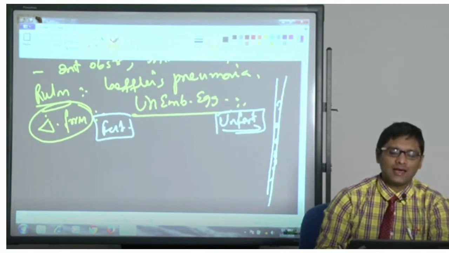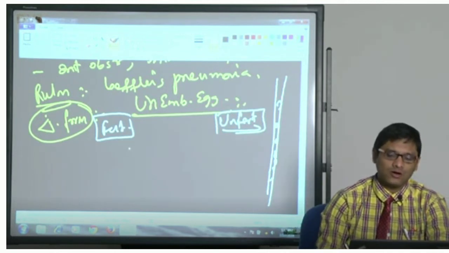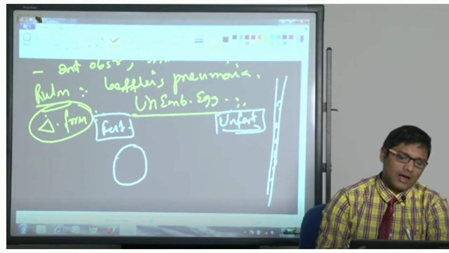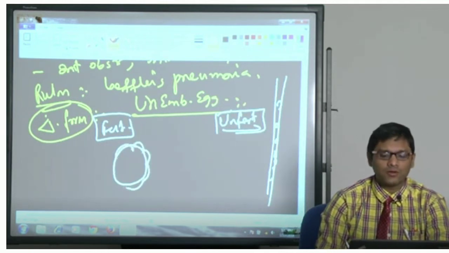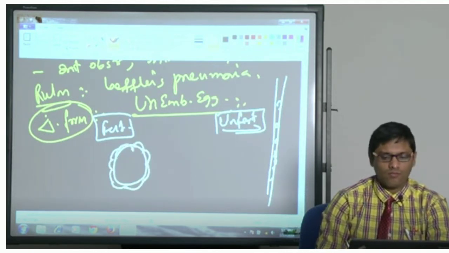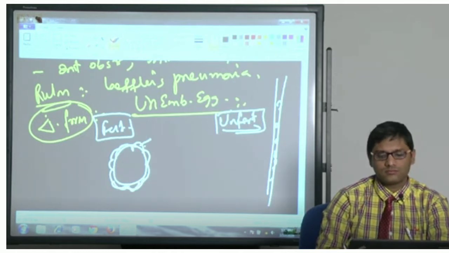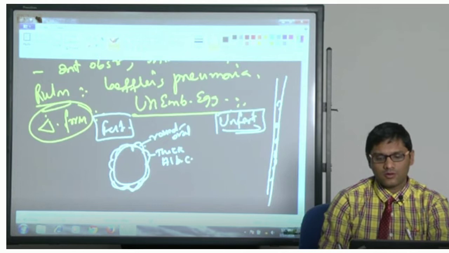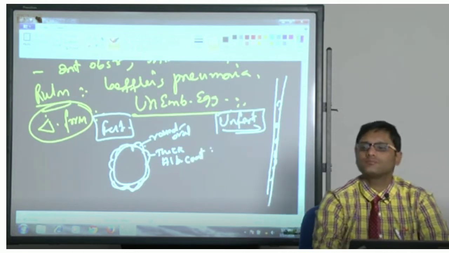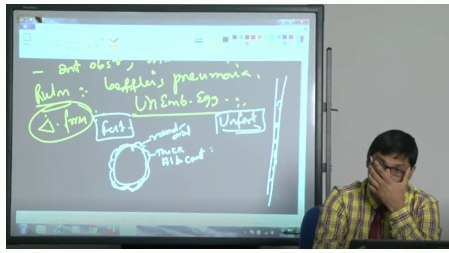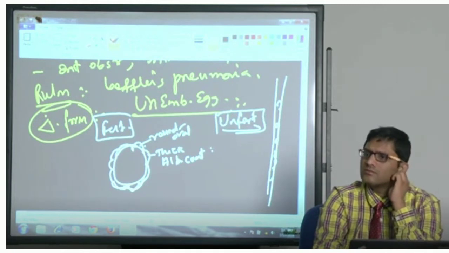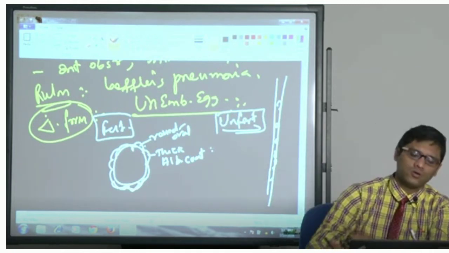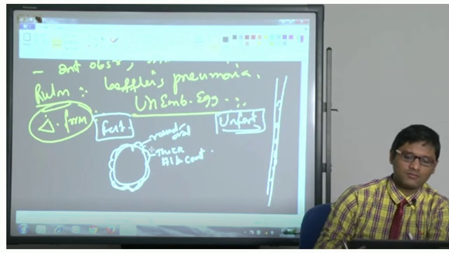The fertilized egg is round to oval, and it has a very thick albumin coat.